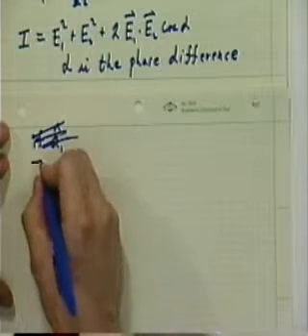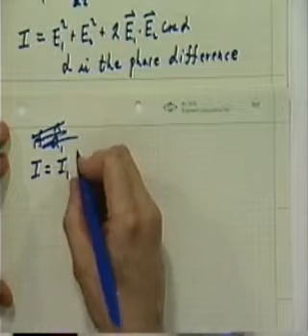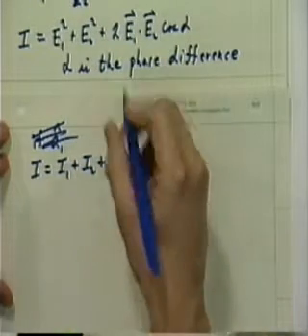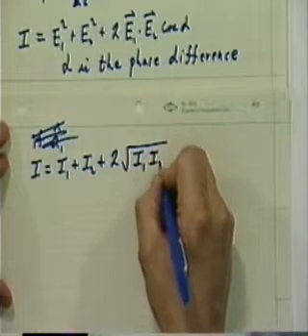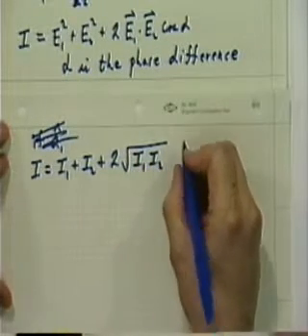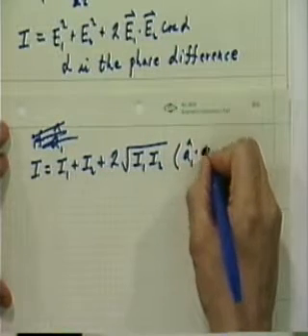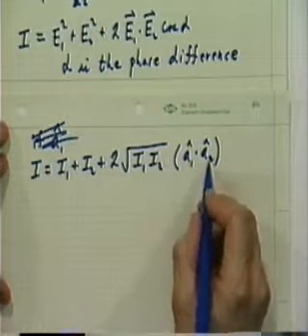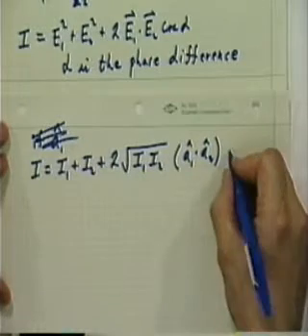I is equal to I1, so it's the irradiance of one beam plus the irradiance of the second beam plus 2 times the square root of I1 I2, and then we would have an A1 dot A2. So A1 is the direction of E1, A2 caret here is the direction of E2, cosine of alpha.